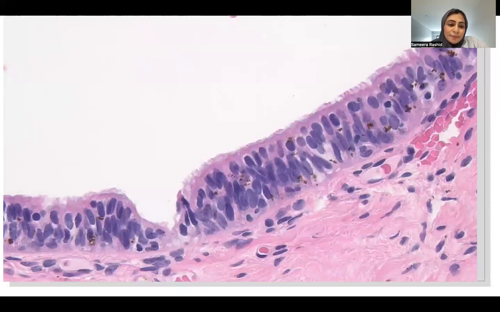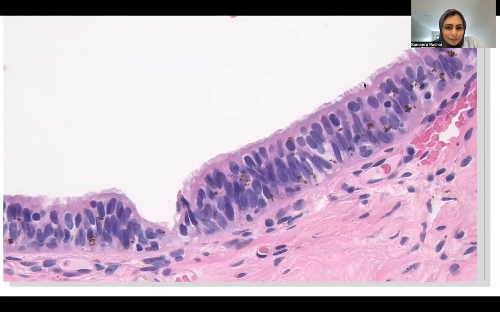Fallopian tube epithelium, extremely important to examine this, especially if the patient has any tumor of the fallopian tube or adnexa. Also, if the patient is carrying a BRCA mutation. Now in this picture here, you can see that I have really nice cilia.